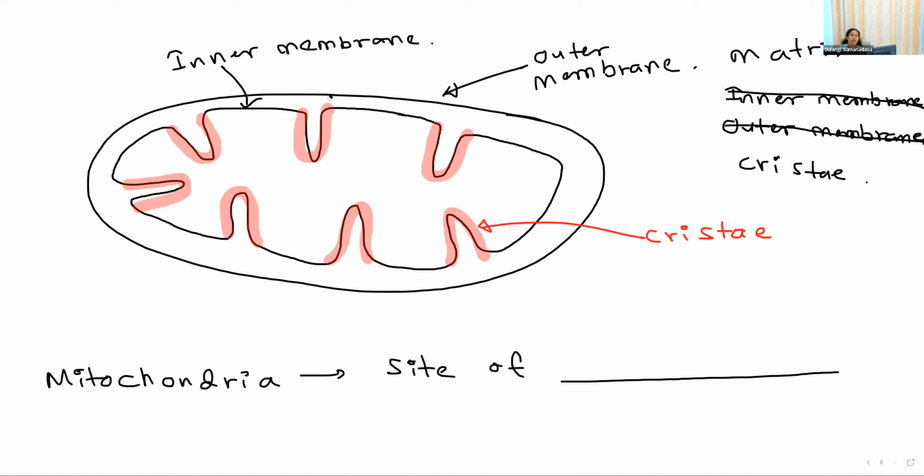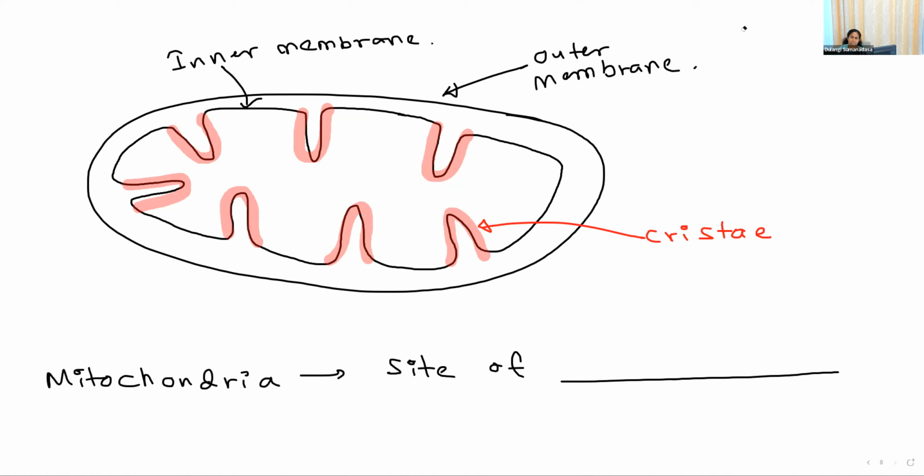So the inner membrane foldings are the cristae. And the last remaining one is the matrix. The matrix is the liquid. The cytosol-like liquid inside the mitochondria is the matrix. You can just color it when you don't have anything. So this is the matrix.